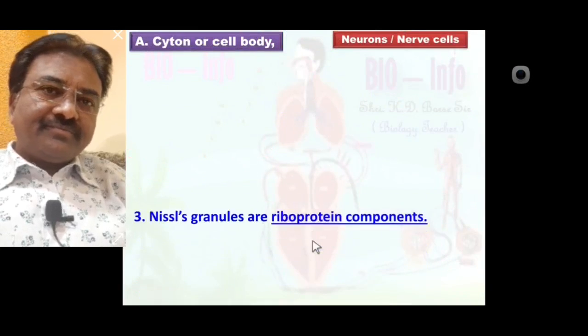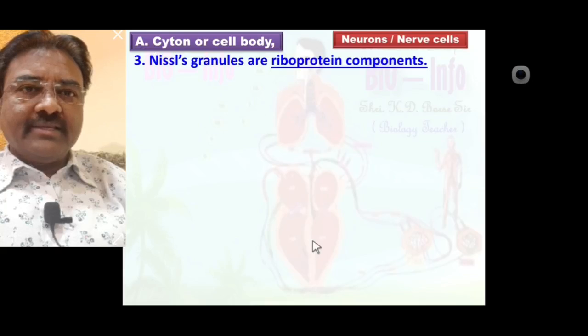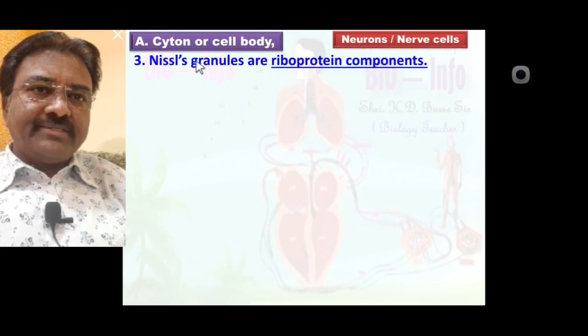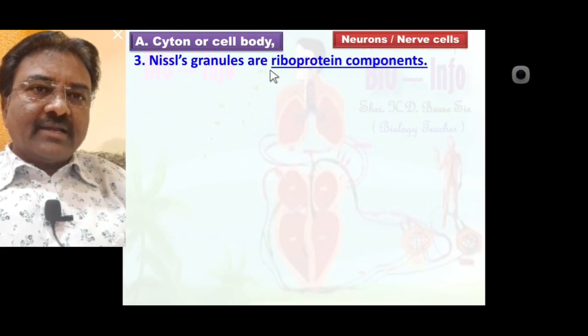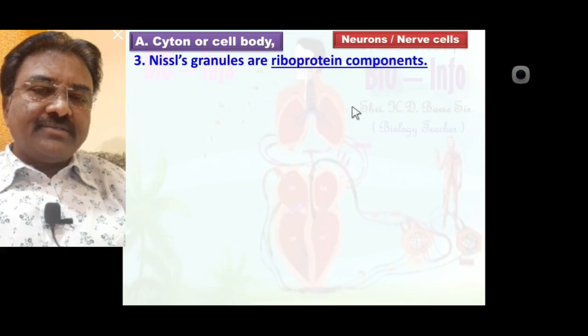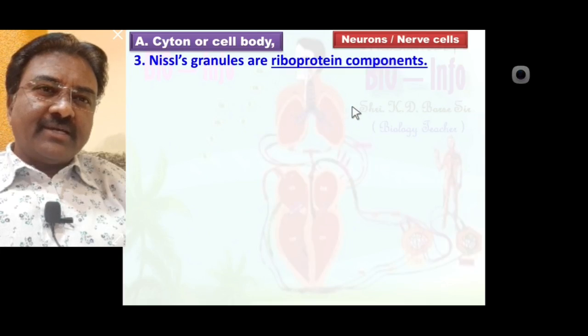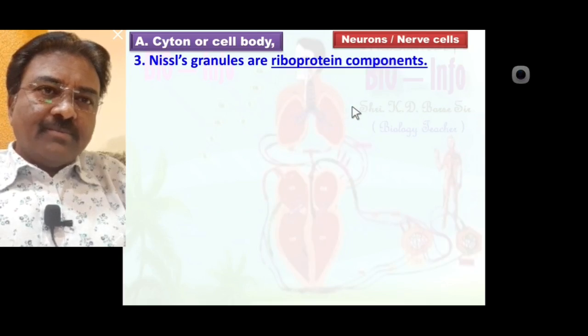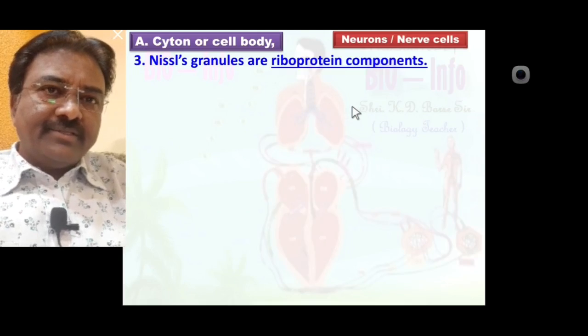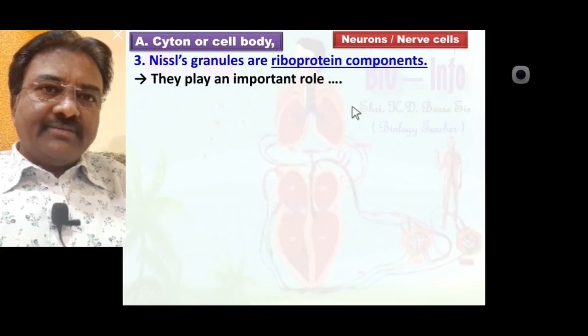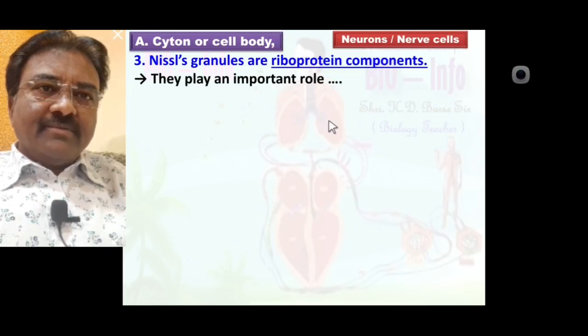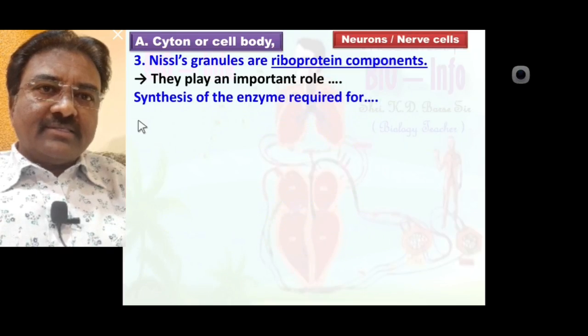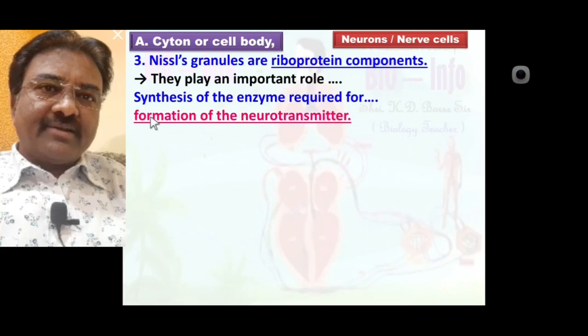Now point number 3, Nissl's granules are actually riboprotein components. Nissl's granules are riboprotein molecules, especially important for synthesis of the enzyme required for formation of neurotransmitter.